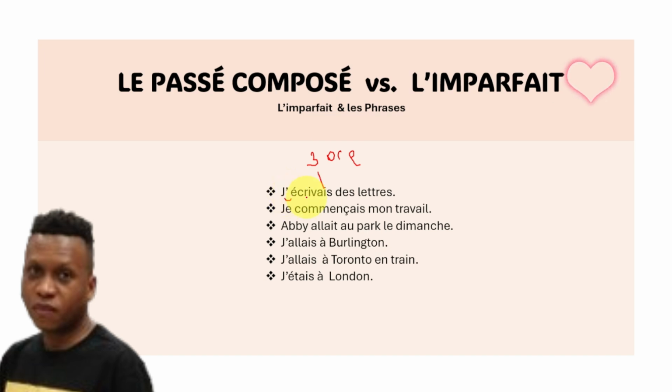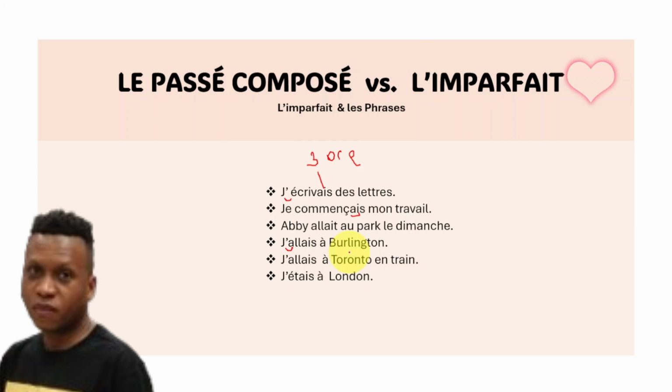Here, j'ai commencé. You see this one? It sounds like j'ai commencé mon travail. It's okay, I got it. Abby allait au parc le dimanche. J'allais, we can link it. J'allais à Burlington. If you say j'allais à Burlington, it's okay.